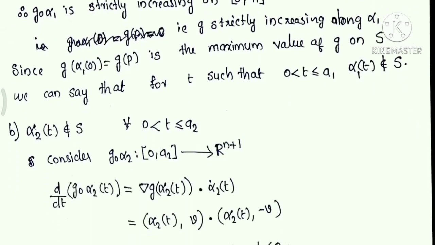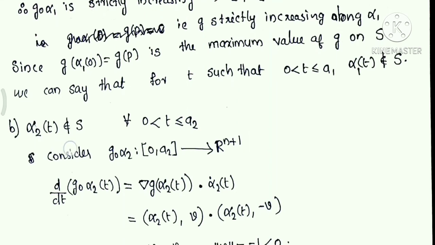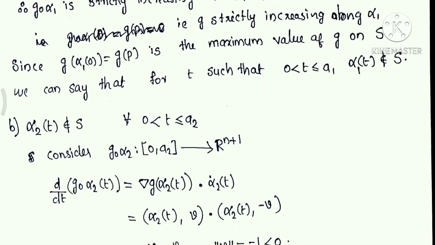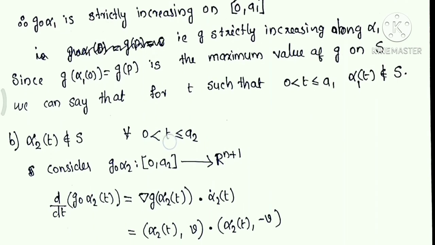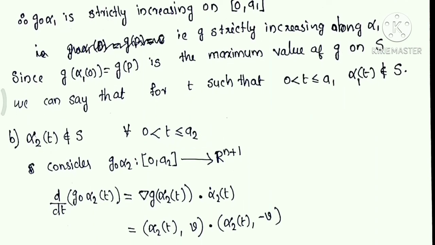Now, second condition: for the second curve, alpha 2 of t does not belong to S for all t such that 0 < t ≤ a2.